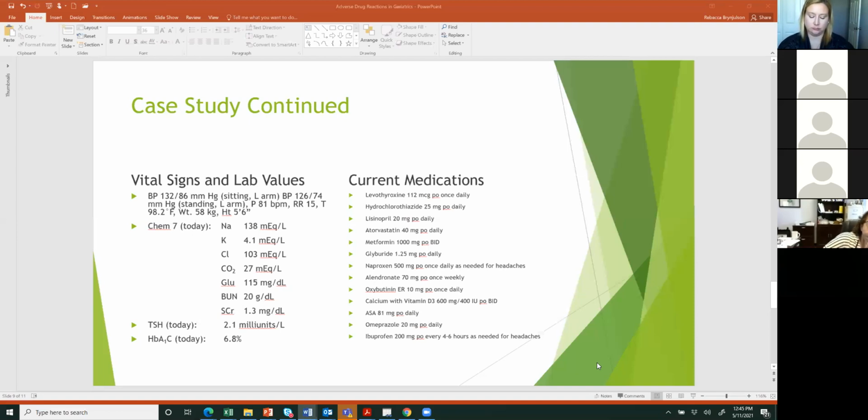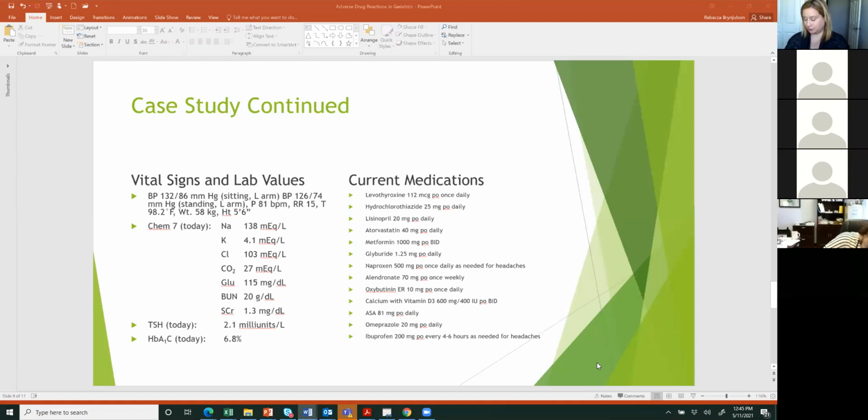And we also know that NSAIDs and hypertension have a drug-disease state interaction. And so she definitely shouldn't be using 2 agents in the same class. And these agents, naproxen and ibuprofen, are also on the Beers list for an increased risk of GI bleeding in patients who are over 75 years old.